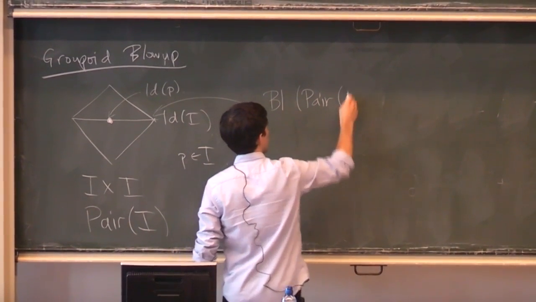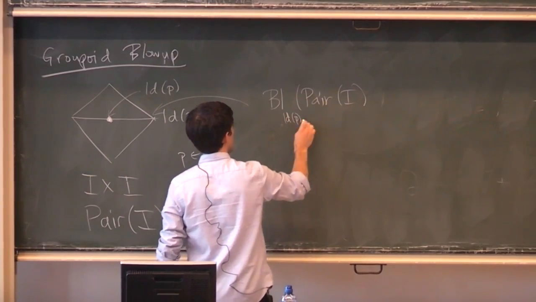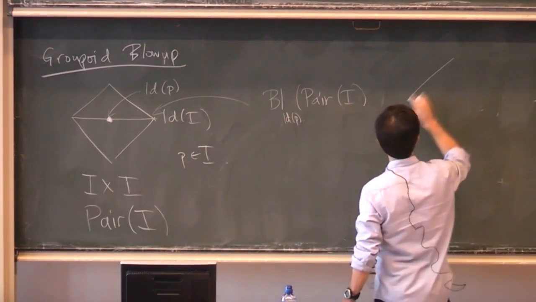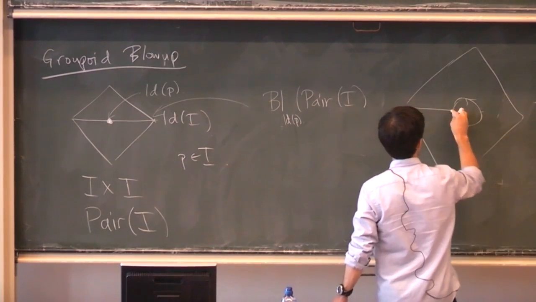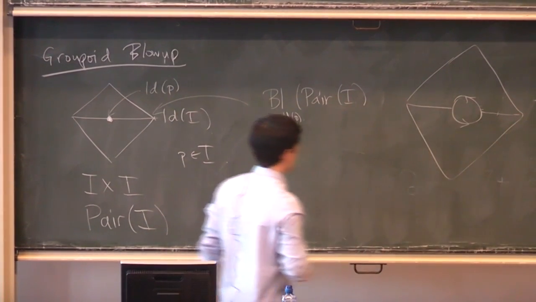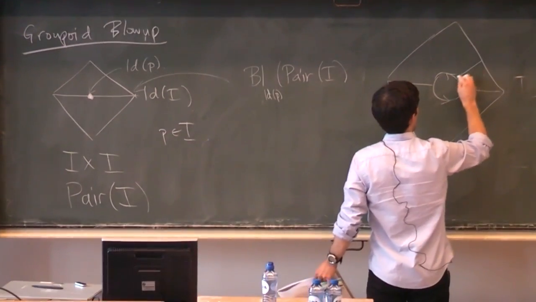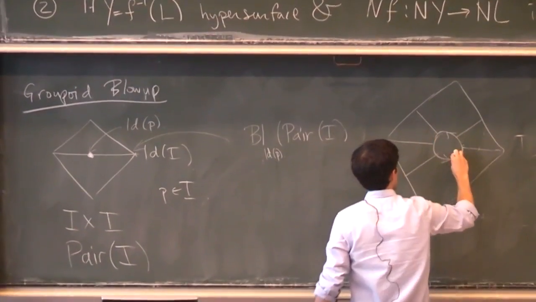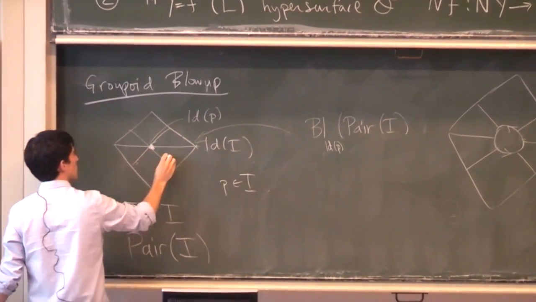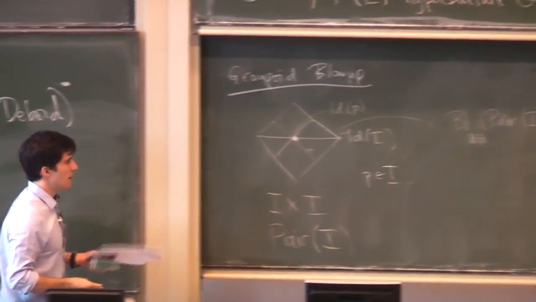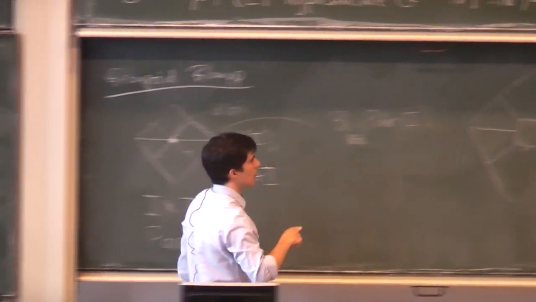I can blow up the pair groupoid of I along the identity applied to P. And of course, it's the same picture that I drew before. You get an RP1 inside there. Now, if you take a look at the source and target fibers of the pair groupoid, then the proper transforms of these will be these.